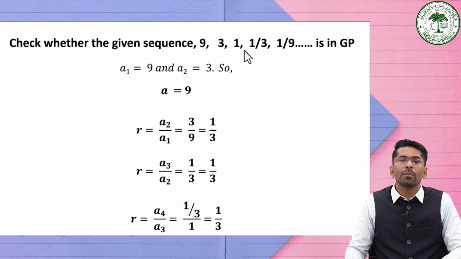Consider another two terms: 1/3 divided by 1, which is also equal to 1/3. So in this case the ratio of successive terms is constant. The common ratio here is 1/3, in this case also 1/3, here also 1/3. So we can say that the given sequence is a geometric progression.